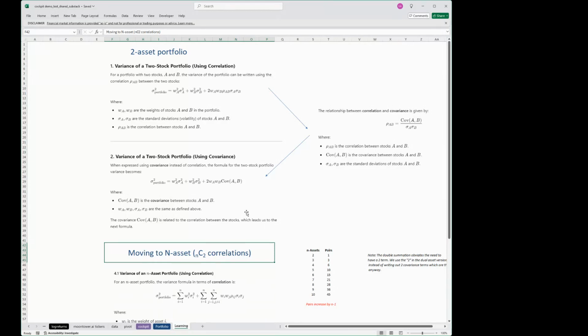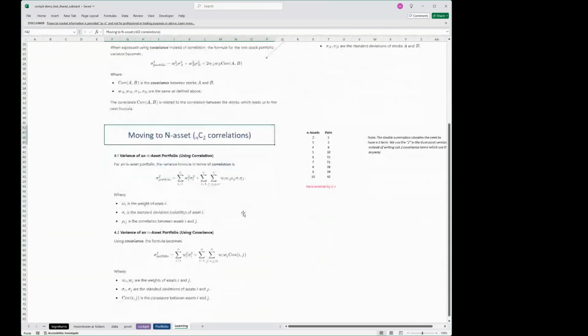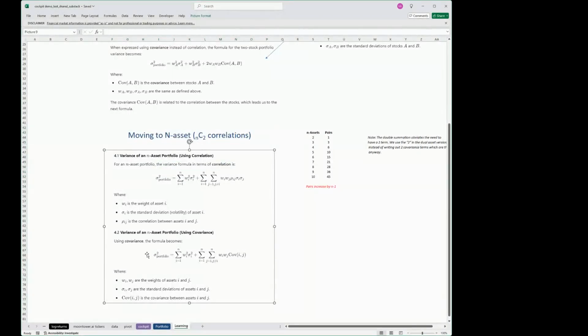So if we scroll down again, we just want to stay in covariance space. You get this formula right here: portfolio variance equals the sum of the weight squared times the variance of each asset. That's this first term. You sum them all up, times their weight squared.